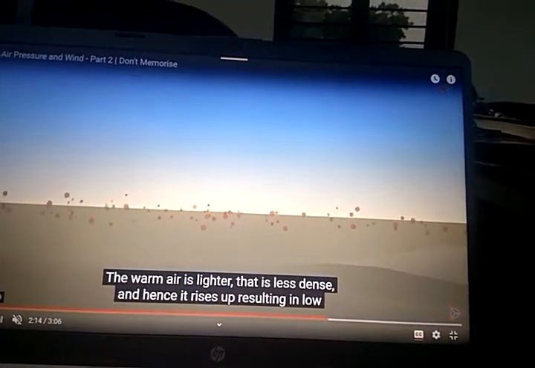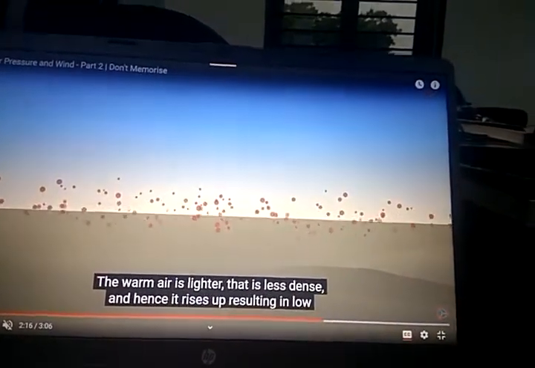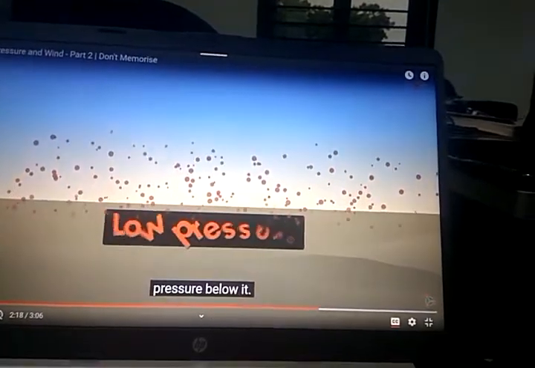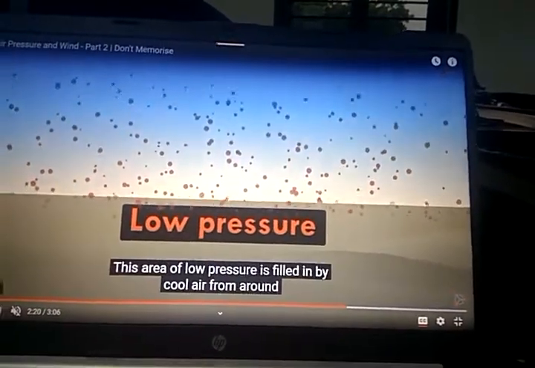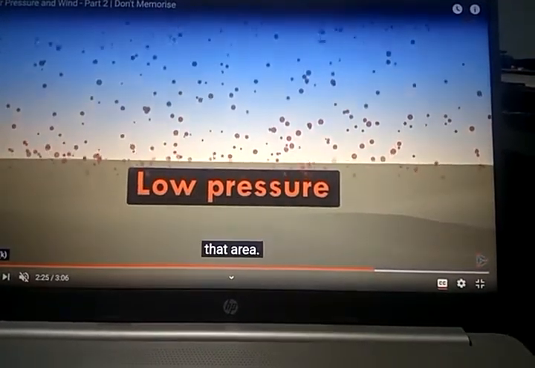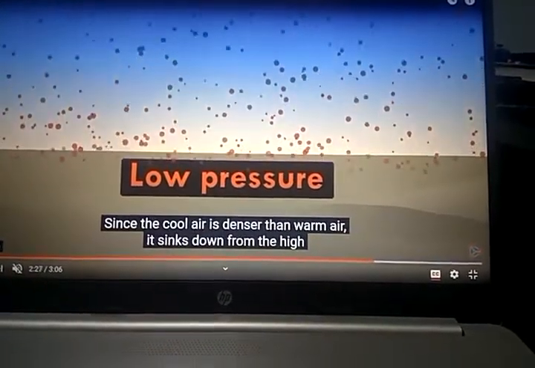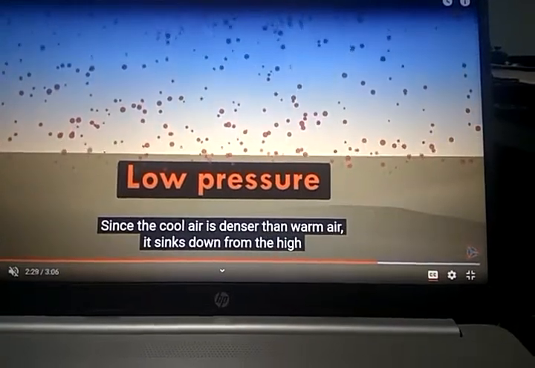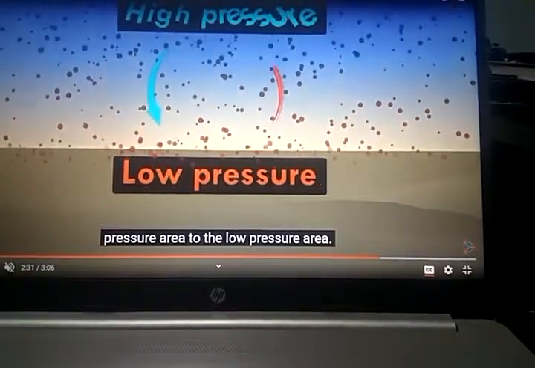So warm air is lighter, that is less dense, and hence it rises up, resulting in low pressure. So here the low pressure is created, since the cool air is denser than warm air.